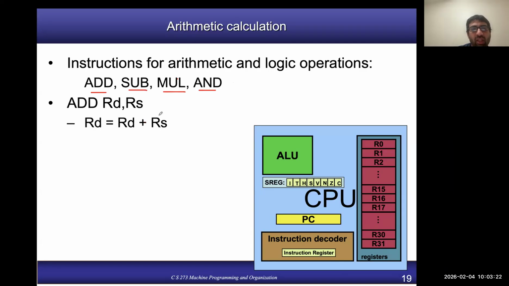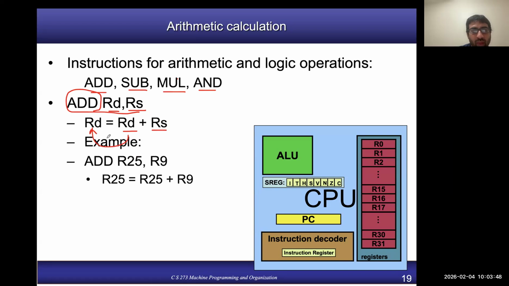The syntax of the add instruction is: you write the word add, then specify the destination register and the source register. The values of the destination and source registers are added together and the result is written back into the destination register.